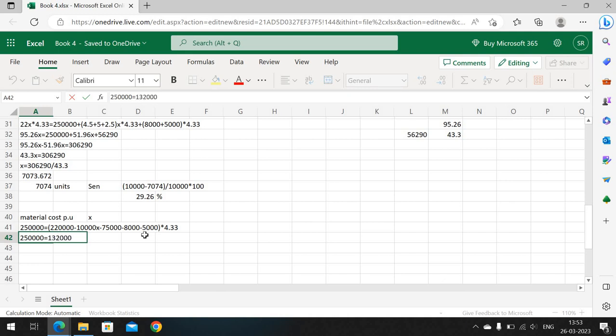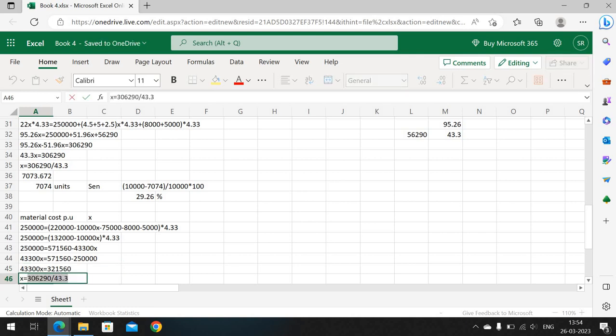So 1,32,000 minus 10,000x into 4.33. 1,32,000 into 4.33 will come around 5,71,560 minus 10,000 into 4.33, 43,300x. So 43,300x is equal to 5,71,560 minus 2.5 lakhs, so 43,300x is equal to 3,21,560.